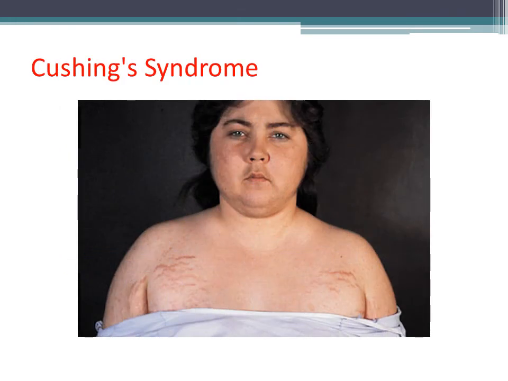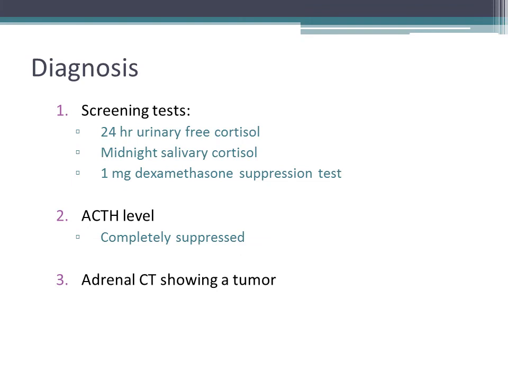The third common problem is Cushing's syndrome, too much production of cortisol, and we discussed this briefly. If you have a patient presenting with symptoms and clinical findings suggestive of Cushing's syndrome, and a positive screening test that we discussed previously, with completely suppressed ACTH level in the absence of intake of any steroids, then you have a diagnosis of adrenal Cushing.